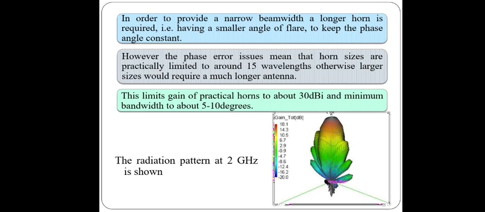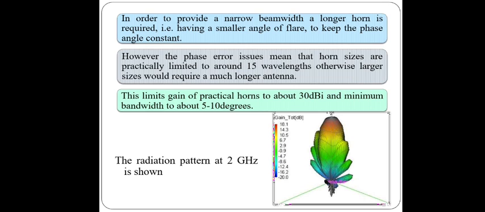However, the phase error issues mean that horn sizes are practically limited to around 15 wavelengths, that is 15 lambda, not more than that.